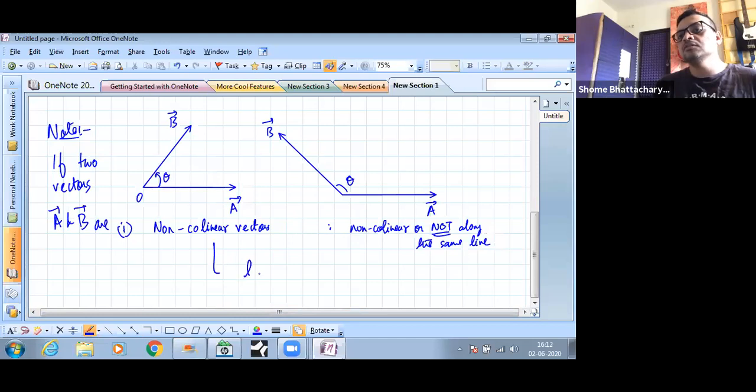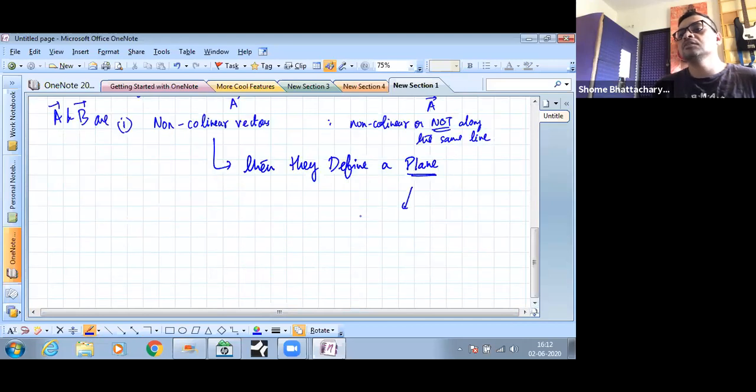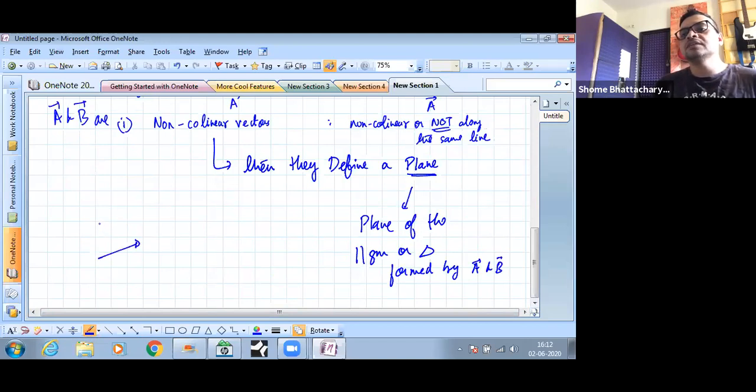Then they define a plane. They always define a plane. That is the same as the plane of the parallelogram or the triangle formed by the two vectors. You can see that in both the cases I have drawn above, this vector and this vector, they will define a parallelogram like this. So that's a planar figure. Or they will define a triangle like this.